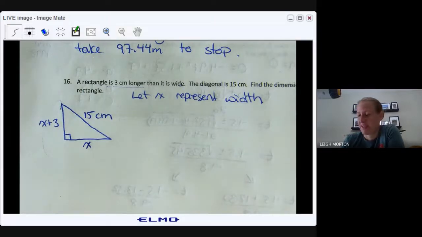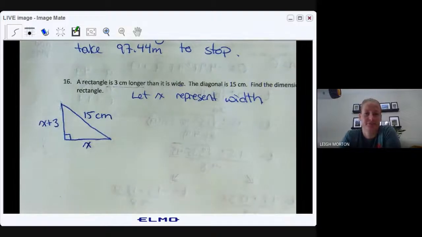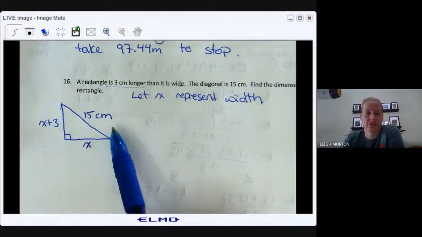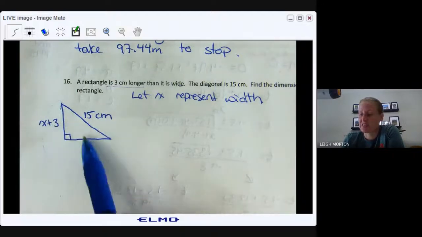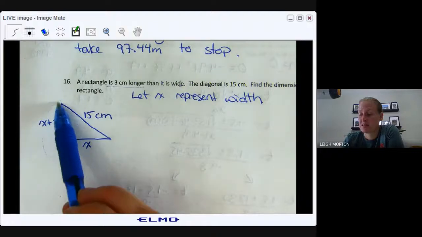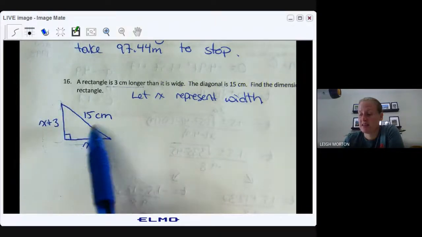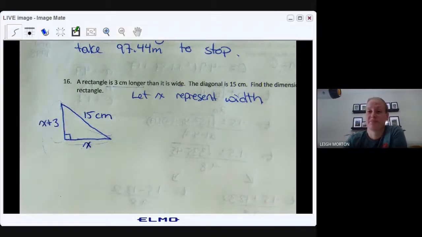Now, how do we relate these sides together? We don't know the perimeter, so we can't just add them together and solve for x. But there is a relationship that exists between this side and our diagonal, that's also known as the hypotenuse.